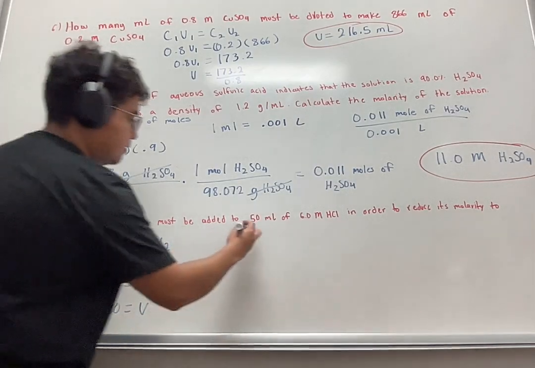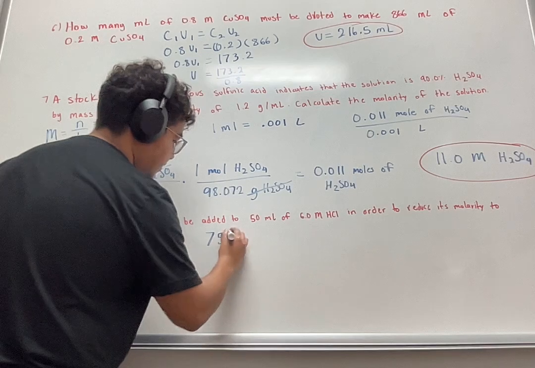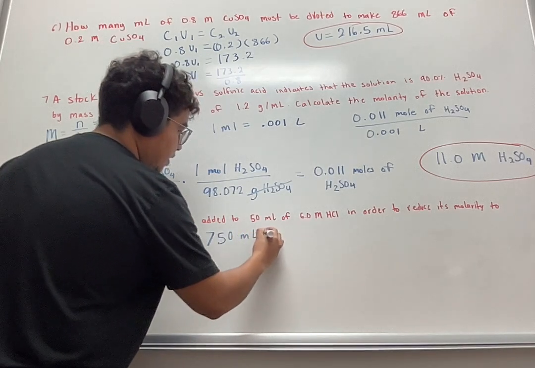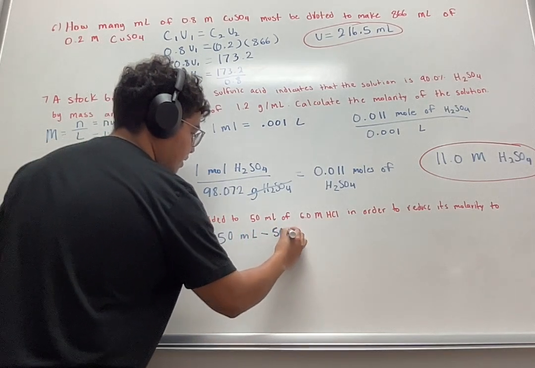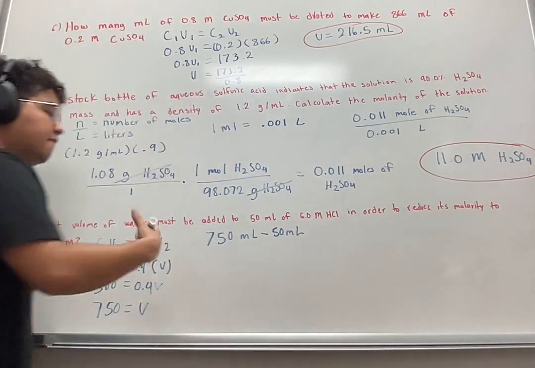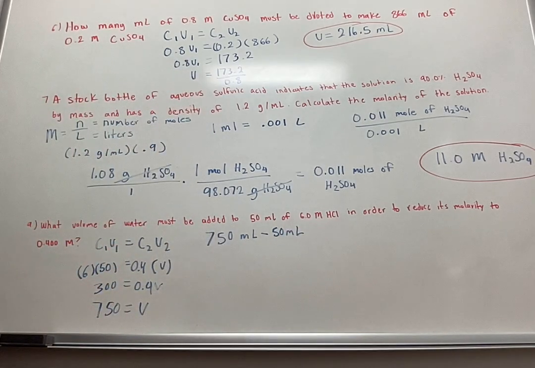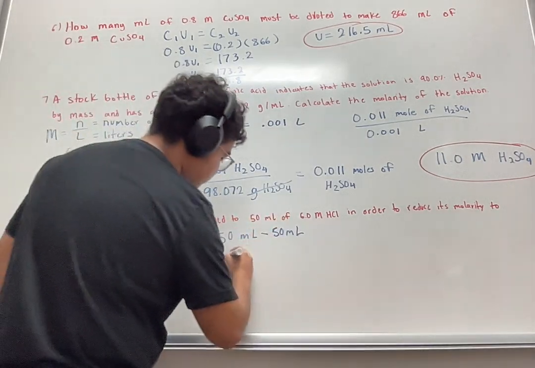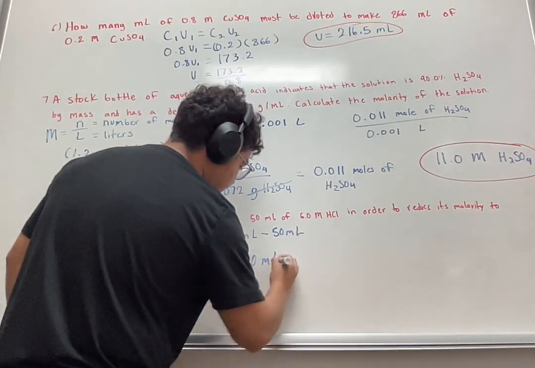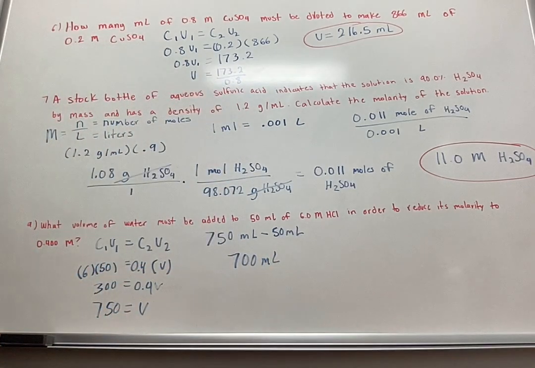So from those 750 milliliters, we need to subtract the 50 milliliters we already had, so we can find the amount of milliliters that we added. Pretty easy: 700 milliliters. So 700 milliliters must be added in order to bring 6.0 M HCl down to 0.4 M. All right.